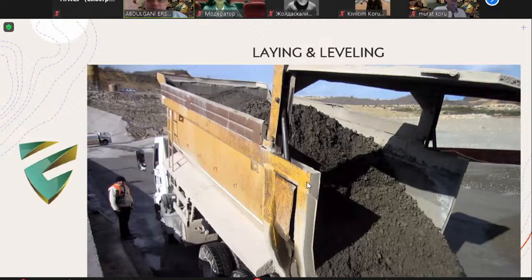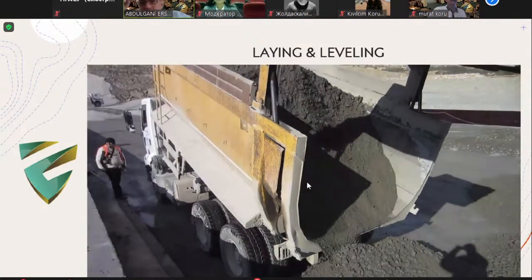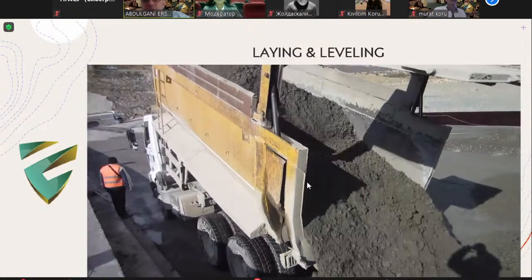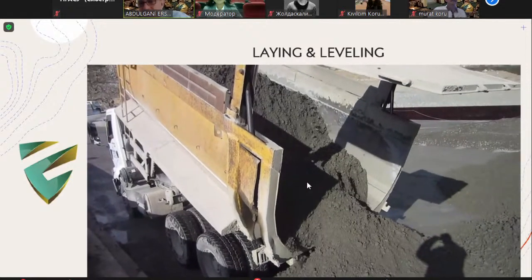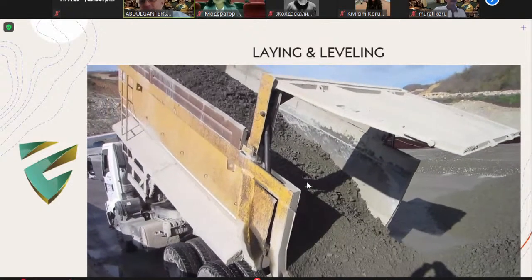So let's see how we produce and lay RCC. We are laying RCC, as told before, with trucks. You don't need any mixer, transmixer, or pump. Just laying like that.